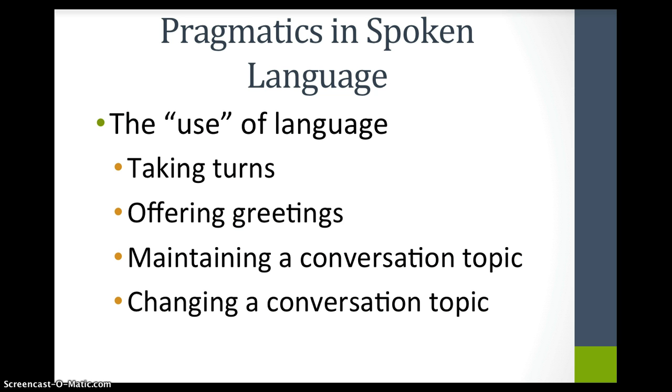So those subtle ideas of when it's your turn to speak, and when you're inviting someone else to speak, and how to offer greetings and initiate social kinds of conversation, keep a topic going, maintain a conversation in a comfortable manner, changing topics appropriately. So the lack of these pragmatic abilities is what provides a lot of awkward kinds of behaviors around communication of even very high functioning folks with ASD.